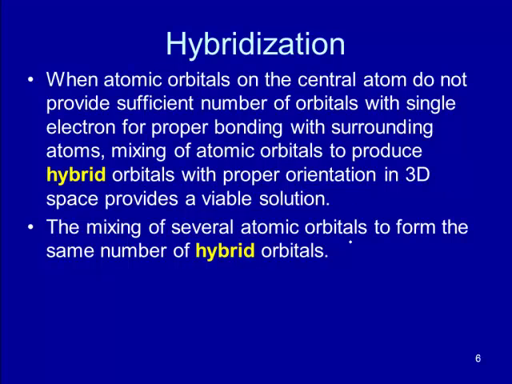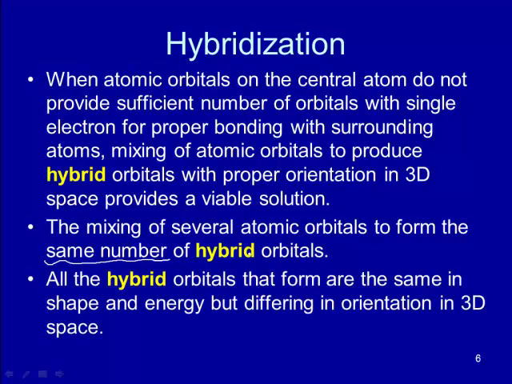I emphasize same number. If you mix 2 atomic orbitals, you should have 2 hybrid orbitals. All the hybrid orbitals formed are the same in shape and energy, but different in orientation in 3-dimensional space.